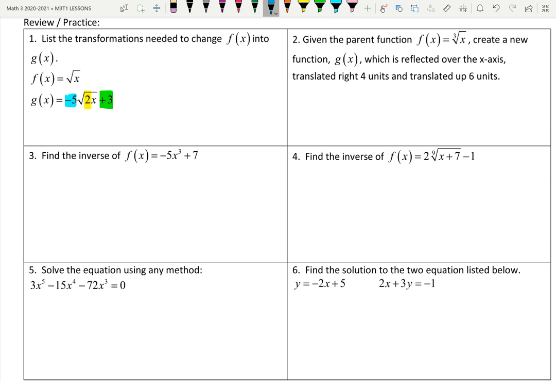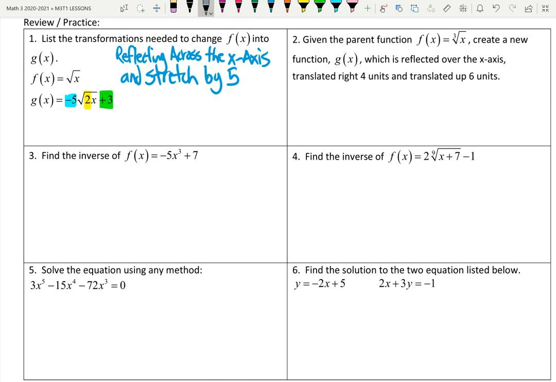Well, the transformations are as follows: I am going to be reflecting across the x-axis and stretch by 5.